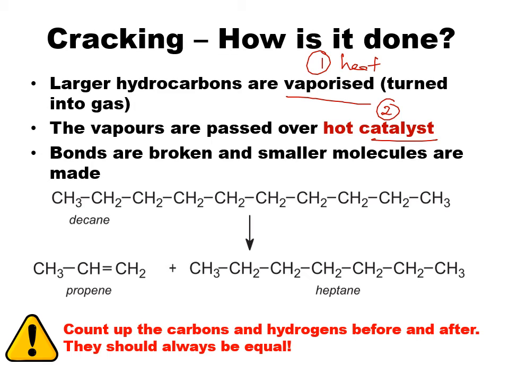Usually, after you crack a long alkane, you will get an alkene and an alkane or hydrogen gas. We're going to look at some of the examples in the next slide.